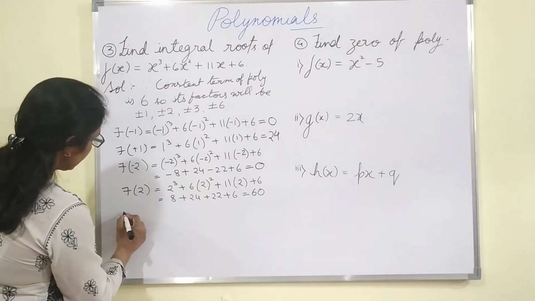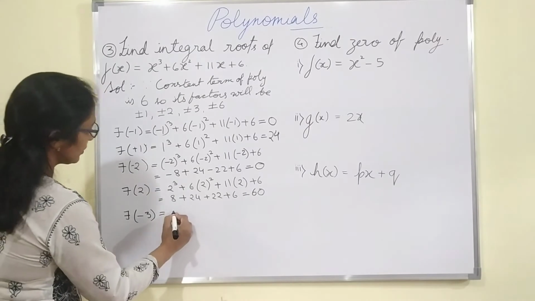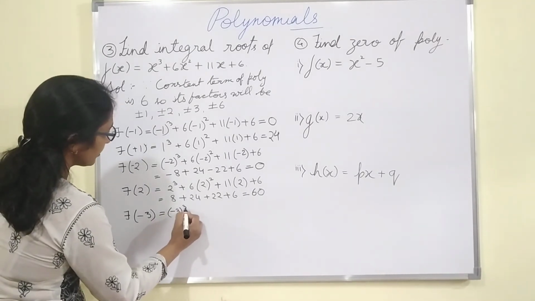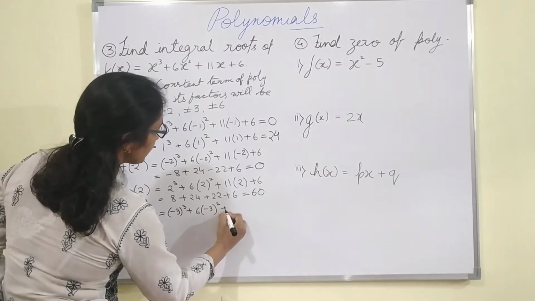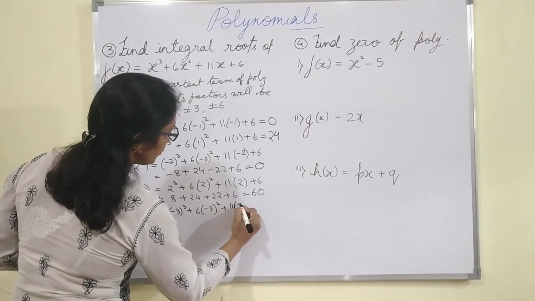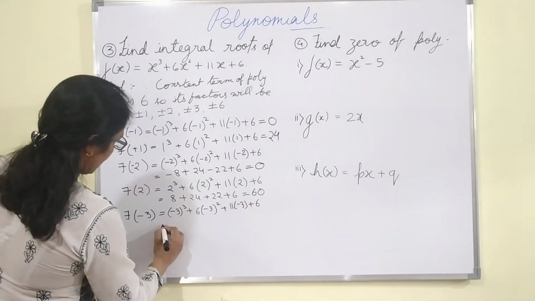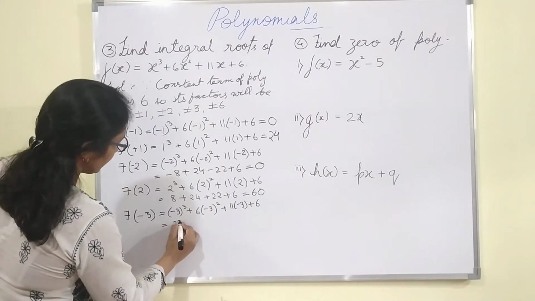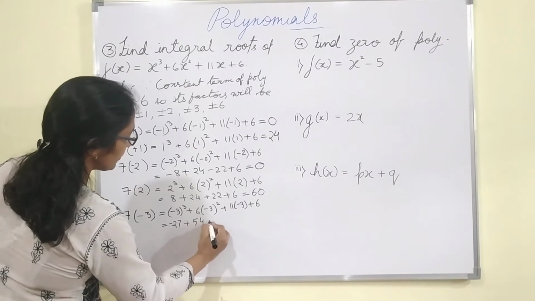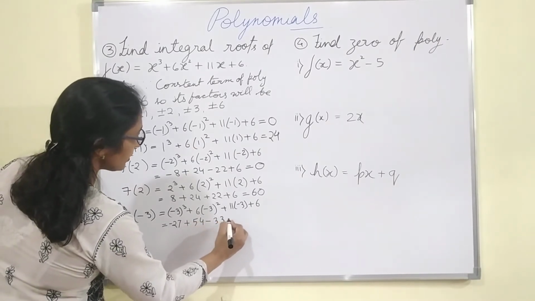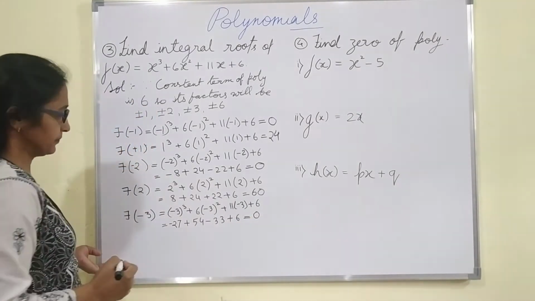Now the next value is −3: (−3)³ + 6(−3)² + 11(−3) + 6, so −27 + 54 − 33 + 6, and its value will become 0.